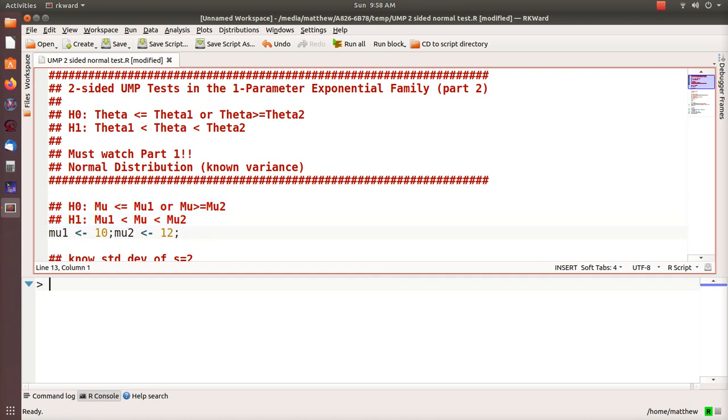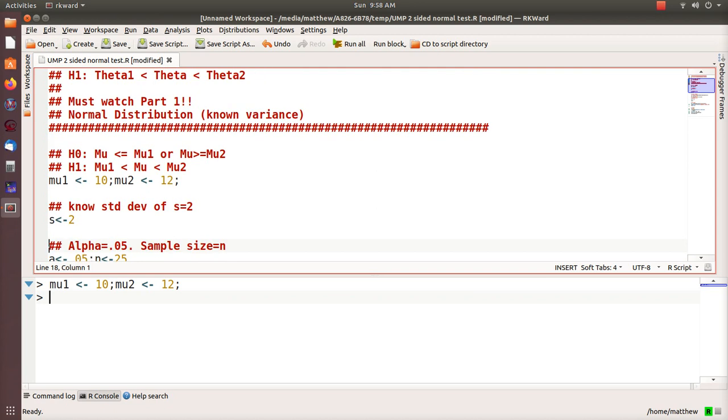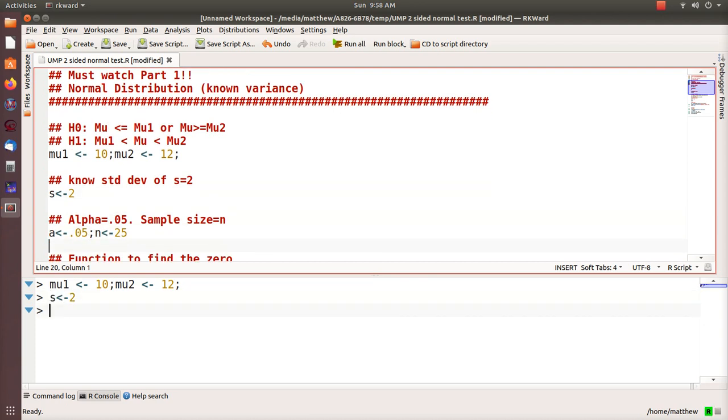Here we're going to choose our mu1 equal to 10 and our mu2 equal to 12. We have to assume that the variance is known, so we're going to pick a standard deviation of 2 or a variance of 4, and that's pretty random. I just picked it. We're going to illustrate this with an alpha of 0.05 and a sample size of 25.